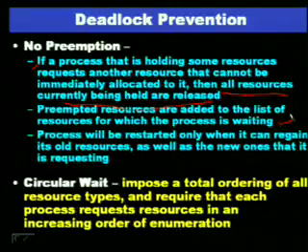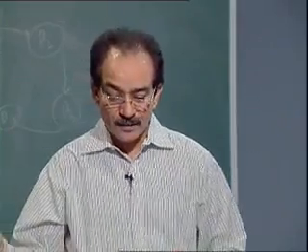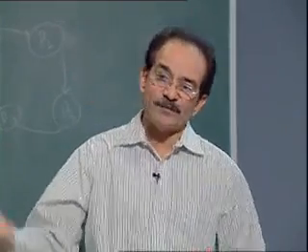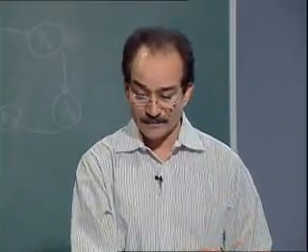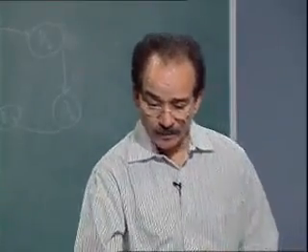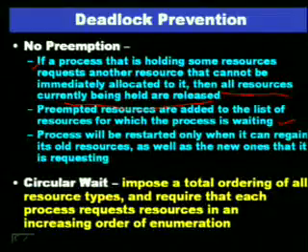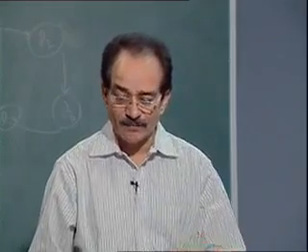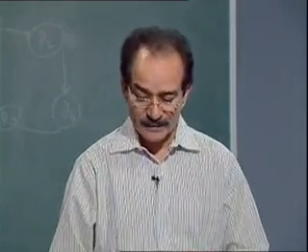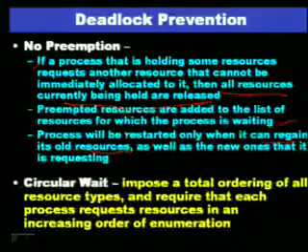Maybe this process is waiting, but the resources preempted from it can be utilized by other processes. The process will restart only when it regains all its old resources. Once it regains all of them, it will start, and we try to stop this sort of circular wait.